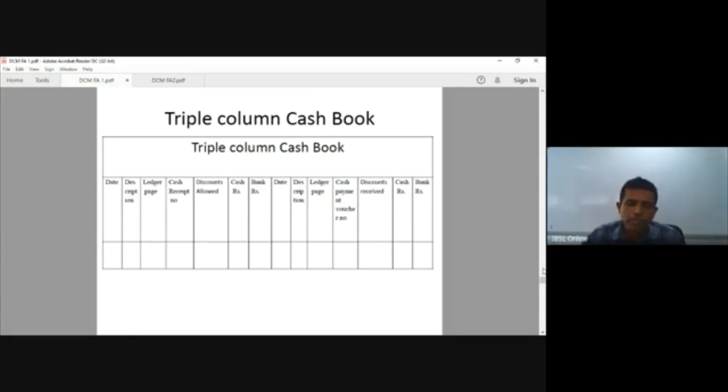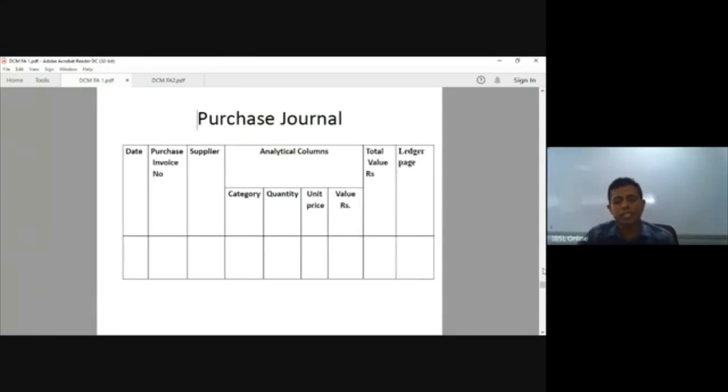I just briefly explain the purpose of these primary books. Then the purchase journal. This is a simple format of a purchase journal. When you have many credit purchases for resale, you have to have a purchase journal. If it is done frequently, normally without recording the transaction in the ledger accounts at inception, you initially record the transaction in the purchase journal.